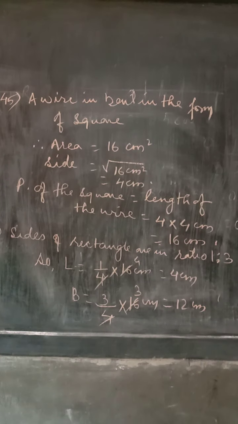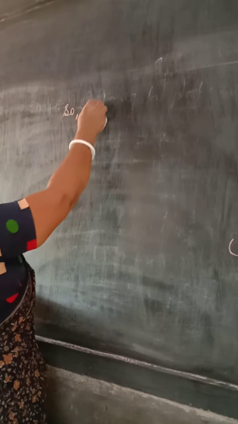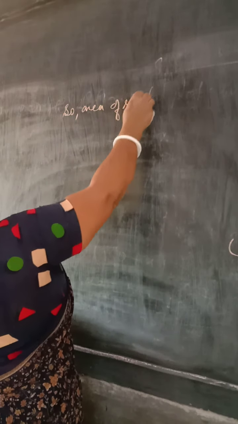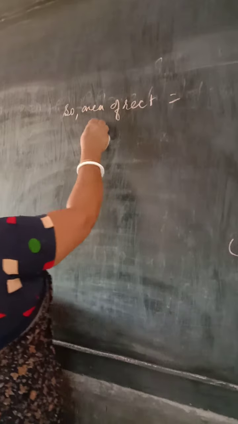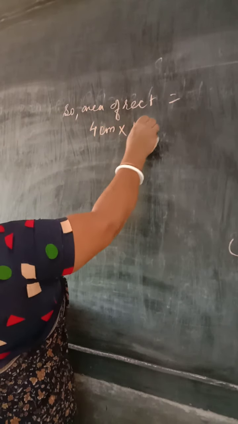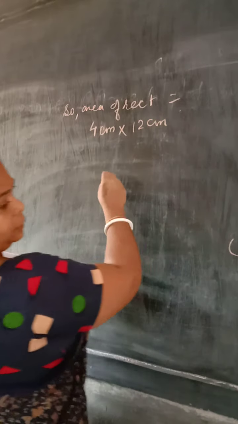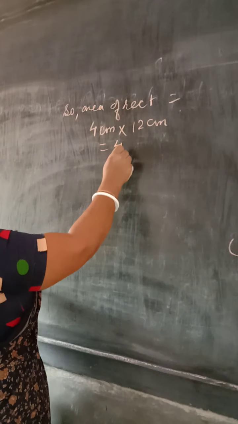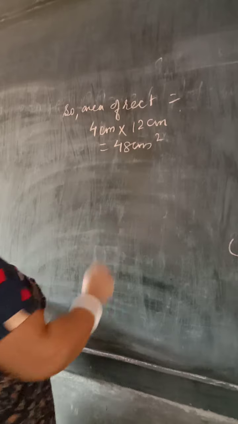So what would be the area of rectangle? The area of rectangle is equal to 4 centimeter into 12 centimeter, or it gives you 48 centimeter square. Is it?